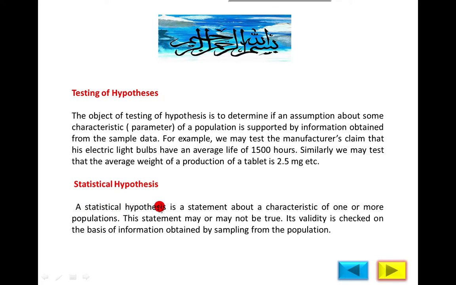A statistical hypothesis is a statement about a characteristic, the same characteristic, of one or more populations. In testing of hypothesis, we can test the population mean, population variance of one population or two populations, three populations, and so on.